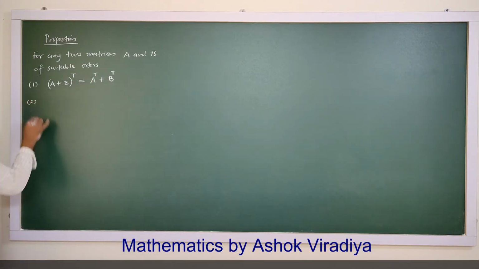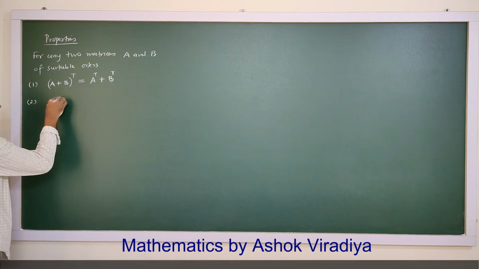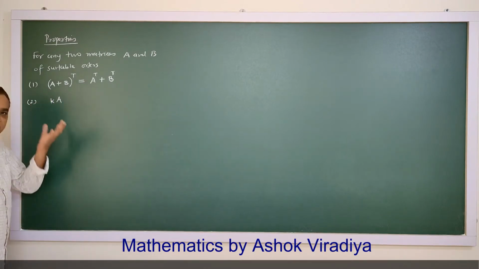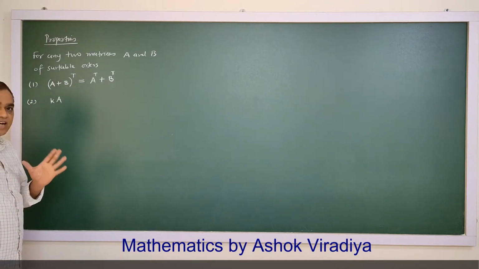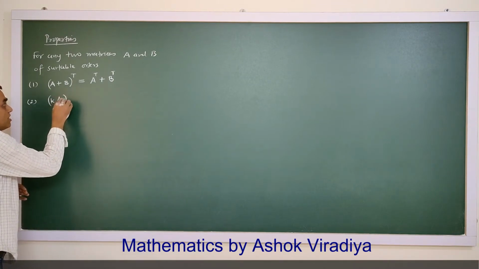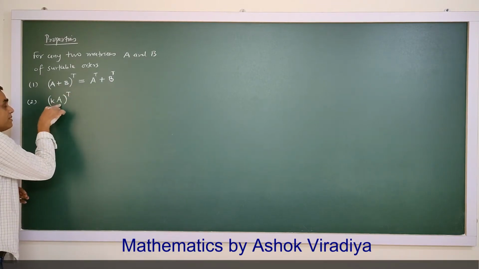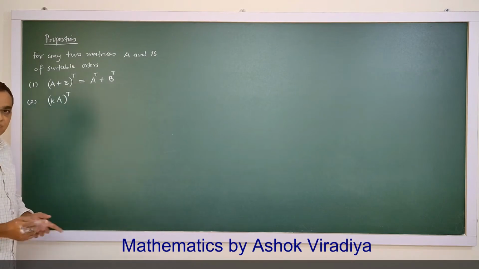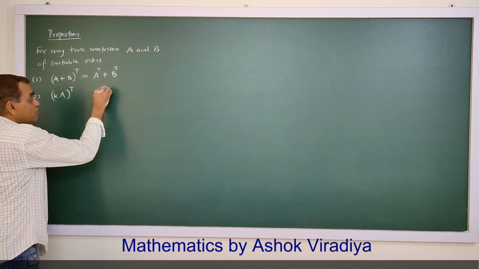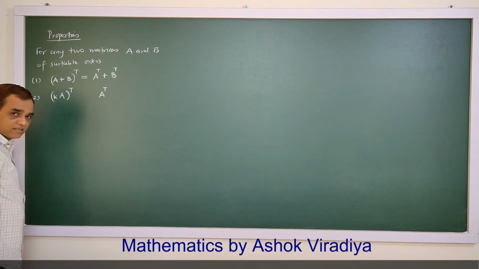Then, if we multiply any matrix by a scalar k, then we get a new matrix k times A. Then take the transpose of this new matrix after multiplication by the scalar. On the other side, first of all, you take the transpose of that matrix.